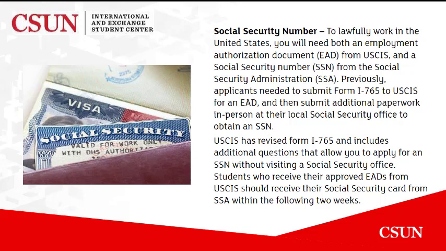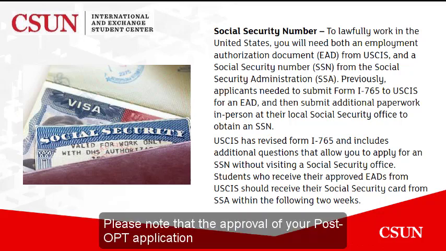USCIS has revised Form I-765 and includes additional questions that allow you to apply for an SSN without visiting a Social Security office. Students who receive their approved EADs from USCIS should receive their Social Security card from the Social Security Administration within the following 2 weeks.